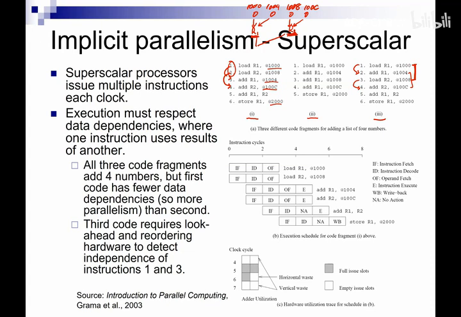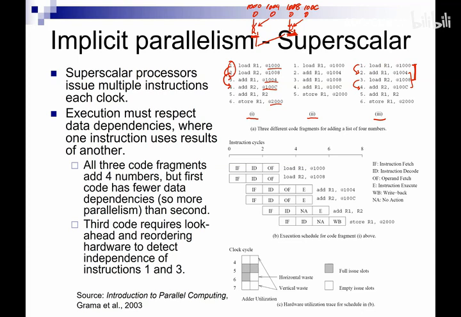So if we want to be able to execute the third code in parallel, we need to have special hardware in the processor to look ahead in the instruction stream. And we also need to reorder the instruction stream because we need to execute 1 and 3 together. Even though 1 and 3 are written following each other in the instruction stream, we have to be able to reorder it so that they can execute together.